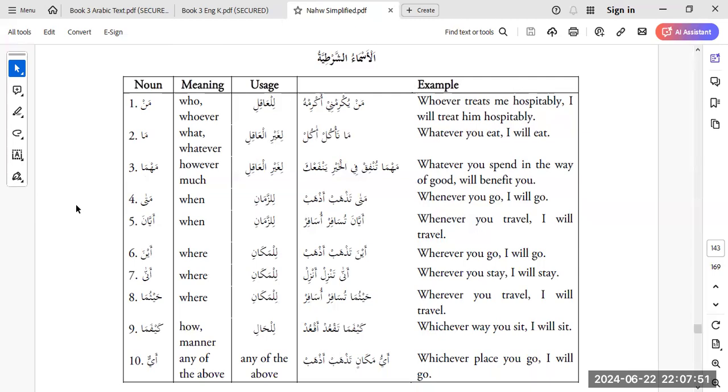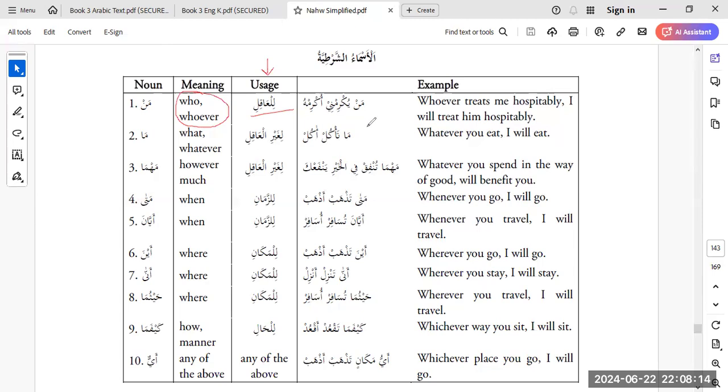So the first one, you have man, it can mean who, or it can also mean whoever. Both of these meanings would be there, right? It depends on how you're going to use it. The usage is that it's used for a human being. We know that for an akal, for an intelligent being, this is not important. This column is not important. And you have an example, and you can write your own sentences.